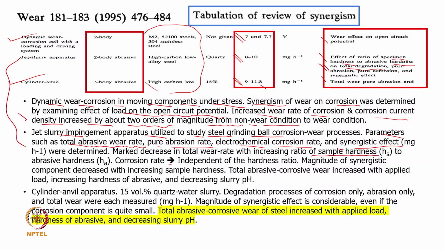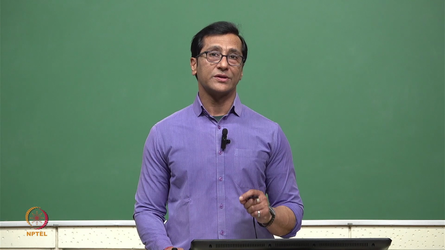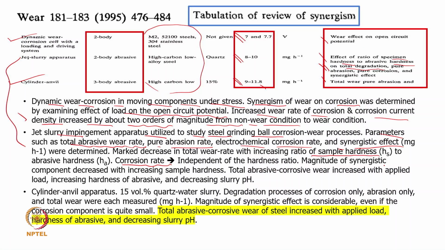And then another point is that corrosion rate will be independent of hardness. So corrosion is not getting affected, but wear is getting affected. More and more sample hardness, lesser and lesser wear, and lesser synergy also. So that's why they are saying the magnitude of the synergism component decreases with increasing sample hardness.